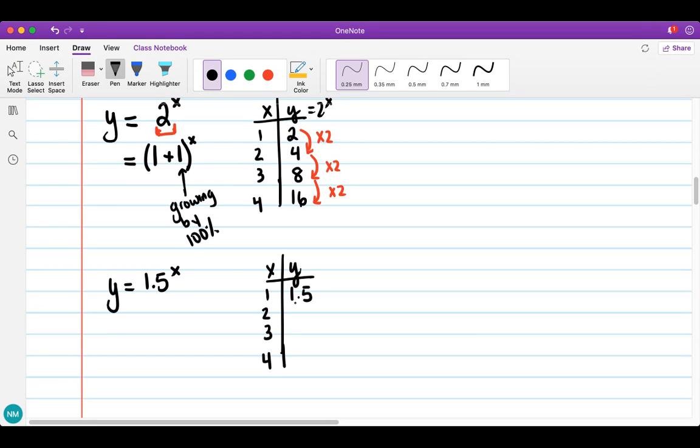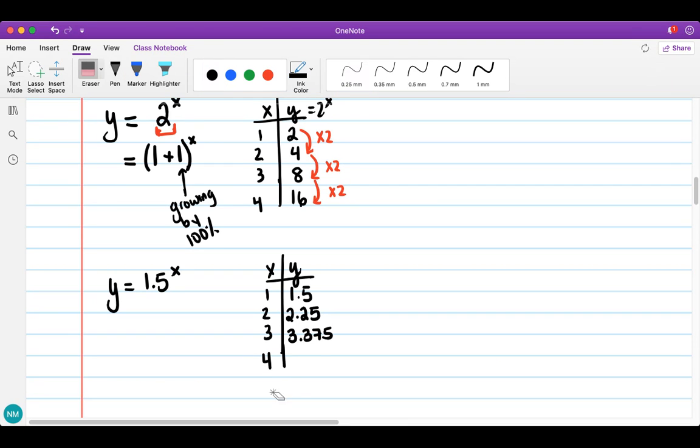And then 1.5 to the second, I have to multiply 1.5 times 1.5, which is equal to 2.25, right? And if I did it again, times 1.5 is equal to 3.375.